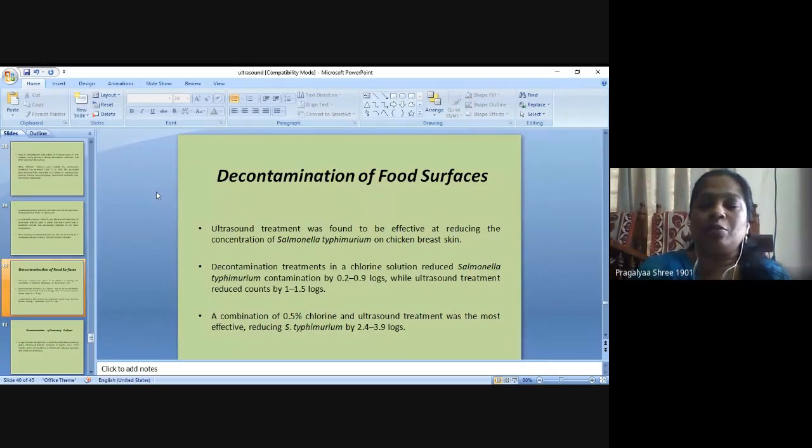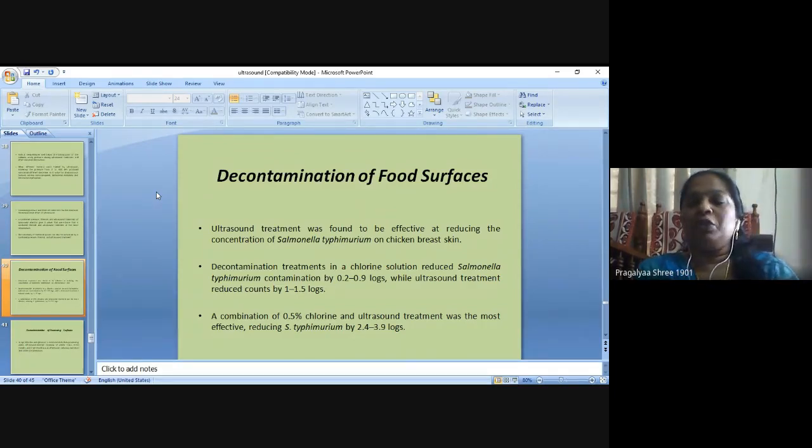Ultrasound treatment was effective at reducing the concentration of Salmonella typhimurium on chicken breast skin. That means the surface. You know that in the case of meat, fish, and also chicken, a large amount of microorganisms are present on the upper surface and the inner layer remains sterile.